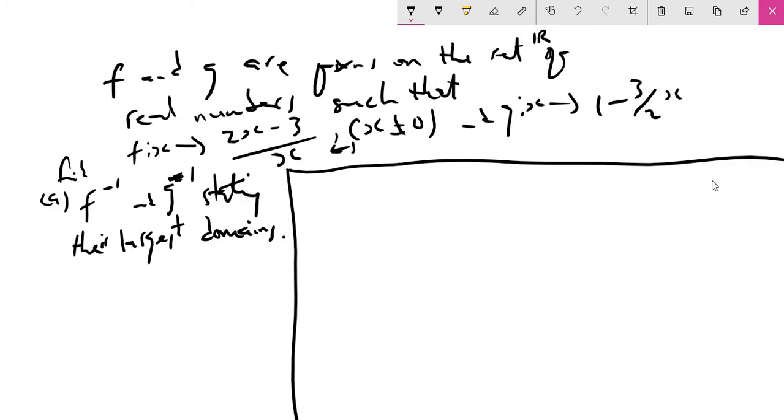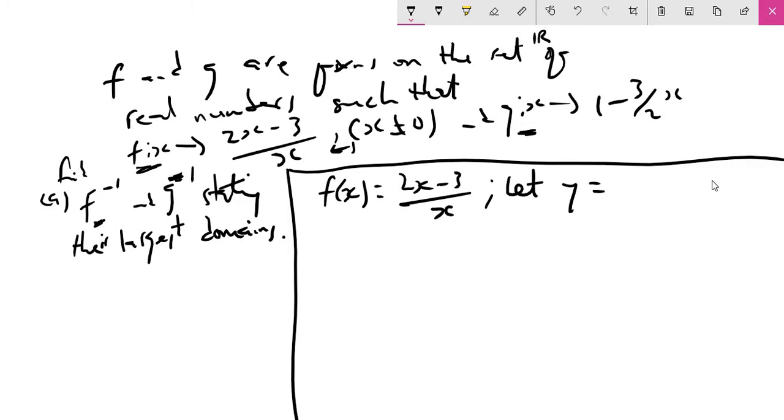So again, we have to find the inverse of both f of x and also the inverse of g of x. So f of x is equal to 2x minus 3 over x. So again, to find the inverse, let y equal 2x minus 3 over x. So this is the value that f of x will give when you put x in it. It does this and brings out y. So to find the inverse, we make x the subject from here. So first we cross multiply: xy equals 2x minus 3.